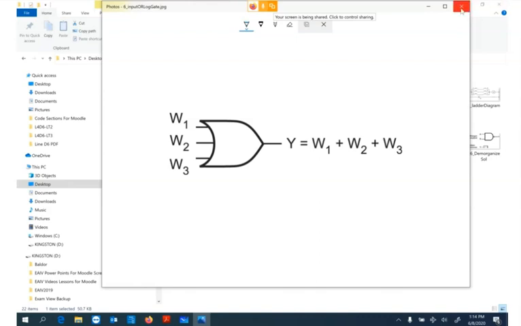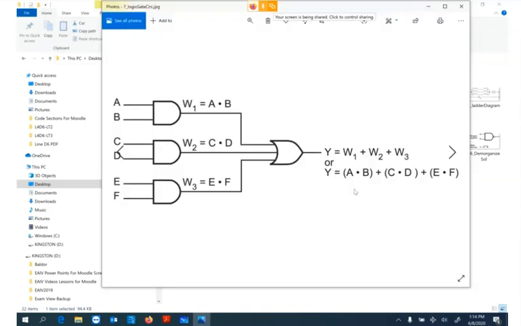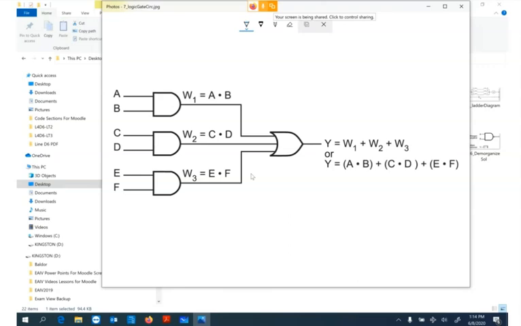Next one, they're doing something the same again, but in this case we've got A and B for the AND, C and D, and E and F, and that's all indicated by brackets. So we've got ANDs. By the brackets, the dot in between means they're ANDs, or they can just write them straight up.